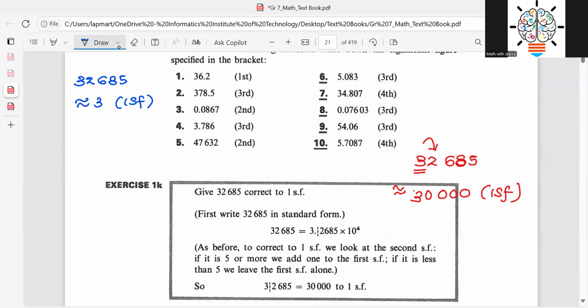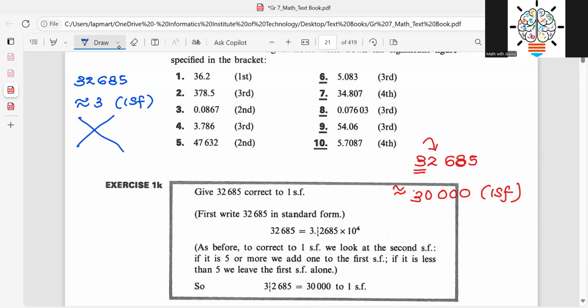I don't want to add anything. I just keep 3 as it is. Rest of the digits will be 0. So 32,685, if I correct to the first significant figure, approximately it is equal to 30,000. Hope it is clear and you can show and write that this is wrong.